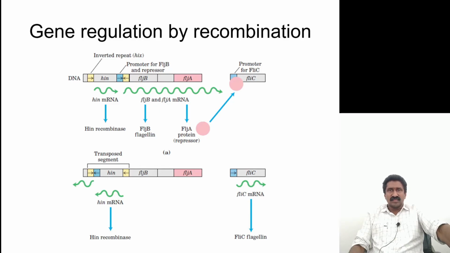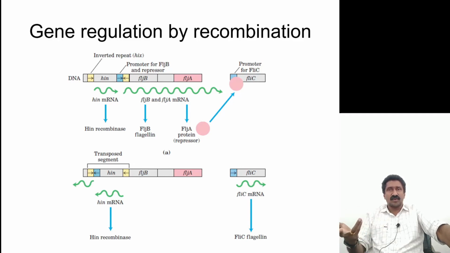This Hin gene produces the mRNA, and Hin recombinase is coded. Hin recombinase is the enzyme that facilitates the recombination of the region in between these.